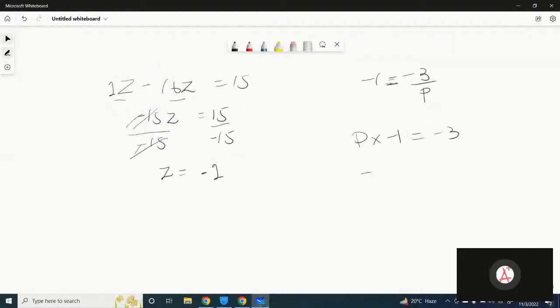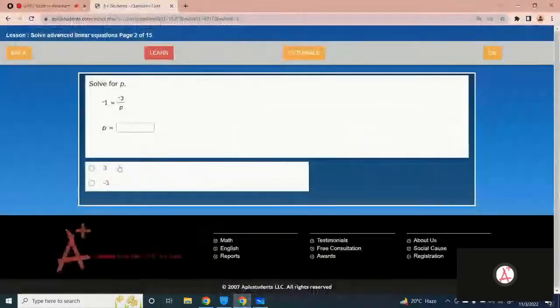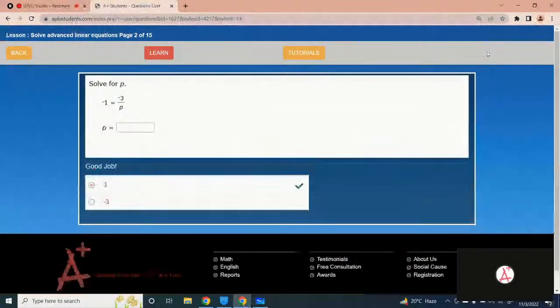So negative 1 times p makes negative 3. And the negative signs from both sides cancel out each other. So it would be p equals 3. Got it? So the value of p is 3. So the correct option is 3. Just select the correct option and click on the OK button.